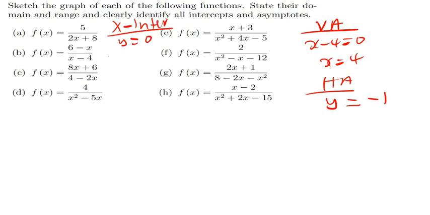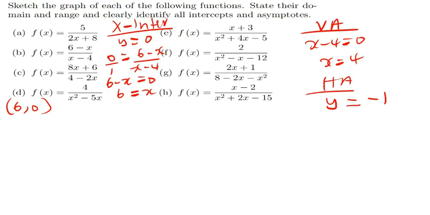So 0 is equal to 6 minus x divided by x minus 4. Here, divided by 1. If you cross multiply, it will be 6 minus x, the denominator times 0 is 0. So therefore, 6 is equal to x. So when x is 6, y is 0. That is the first coordinate we are going to have.